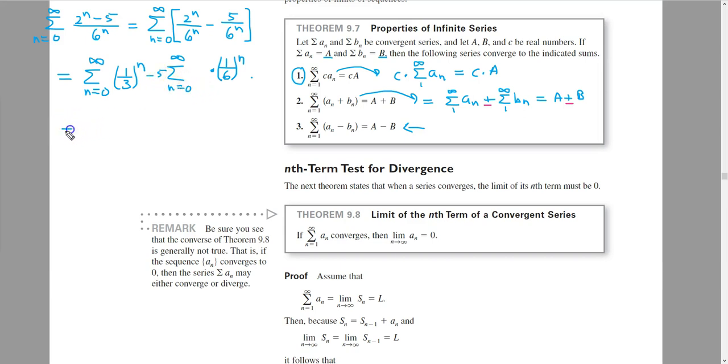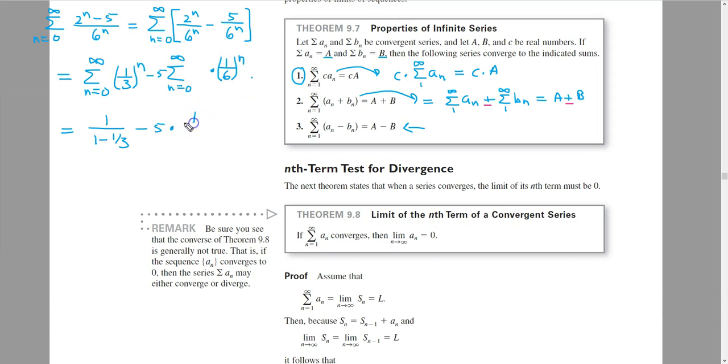So then what we have is the first one is a geometric series with r equaling 1/3. So we can write that as... So that's what it will sum to, and that's because we're starting at 0. And the second one here I've got 5 times, and this is a geometric series with r equaling 1/6.